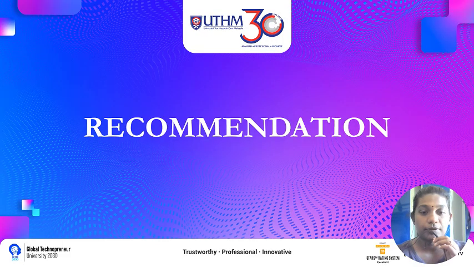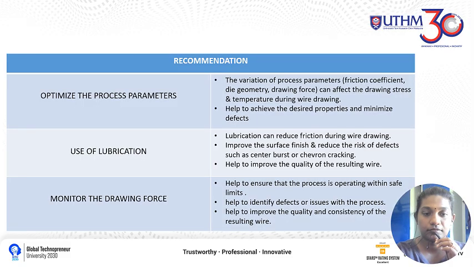Next, I'll talk about the recommendations from the project. The recommendation for our project will be optimizing the processing parameters. The variation of process parameters such as the friction coefficient, die geometry, and drawing geometry can affect the drawing stress and temperature during wire drawing.